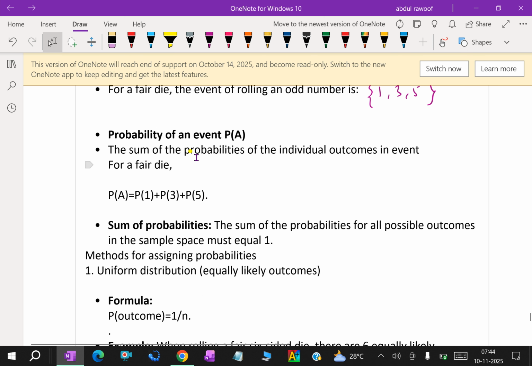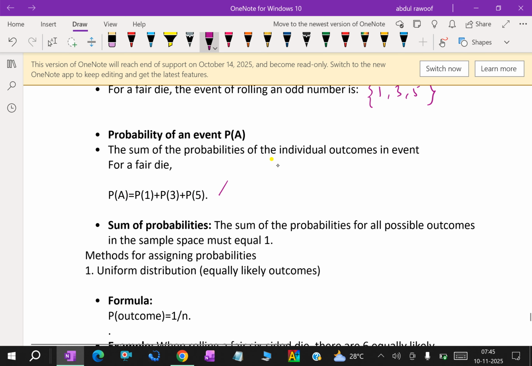Probability of an event, P of A, is the sum of the probabilities of the individual outcomes in the event. For a fair die, P of A equals P of 1 plus P of 3 plus P of 5.